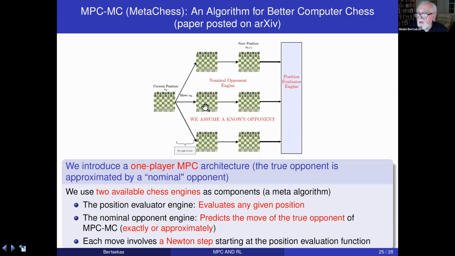And I think that's an important part of our observed success. So I don't know whether existing chess engines can be modified to incorporate MPC ideas. Perhaps they can, but that's what we have done. And we think that the key part is that this first step is exact, with no legal moves being pruned and considered as inferior and discarded.